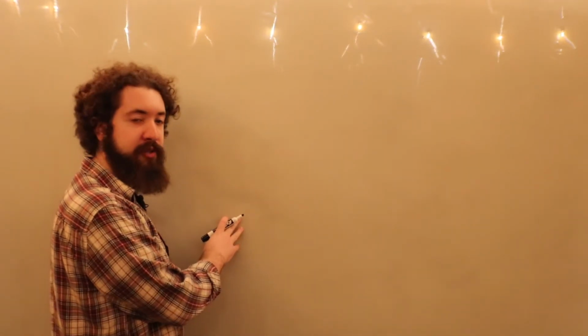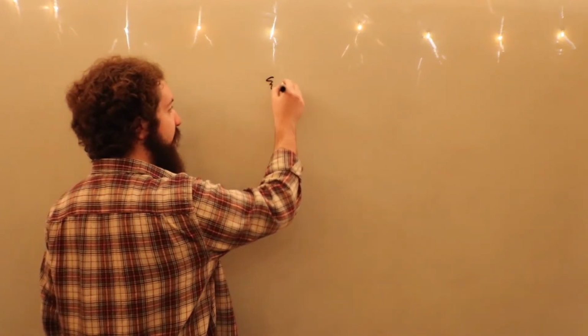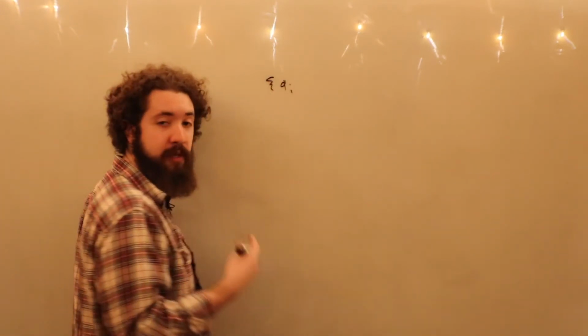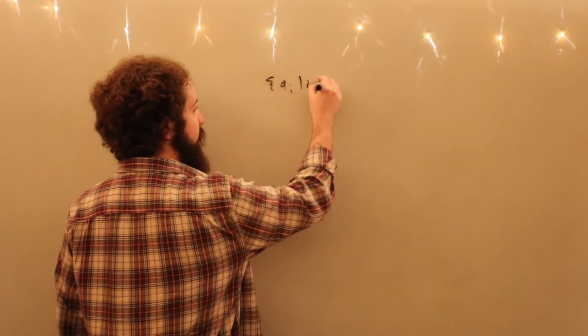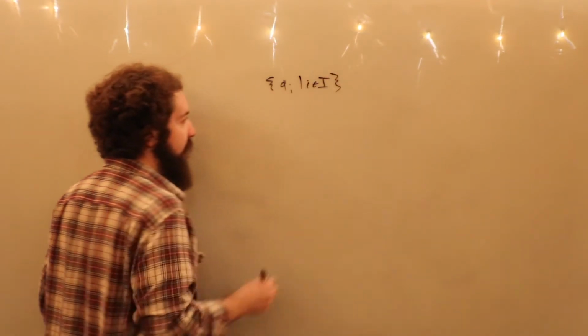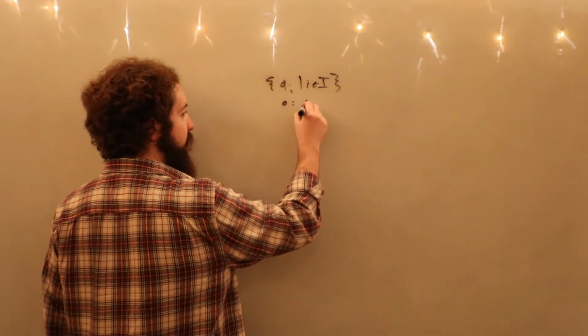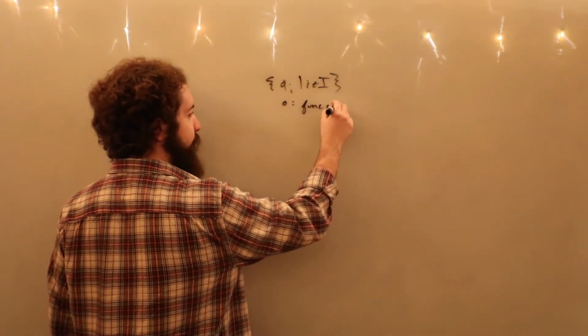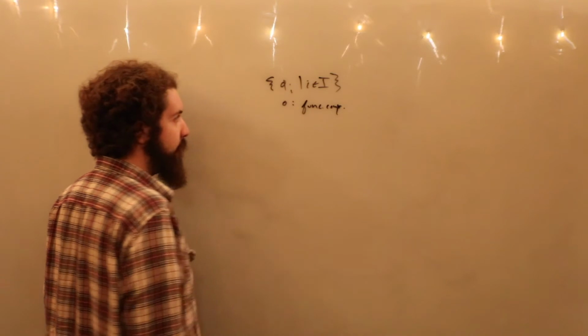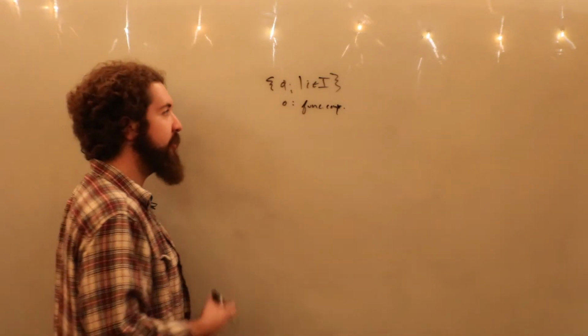All right, so as you may have guessed, our group is going to be this family of bijections, and the operation is going to be function composition. We've seen this operation over and over again.